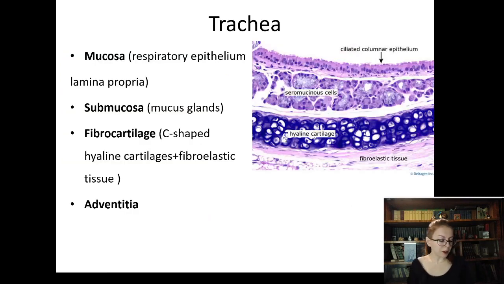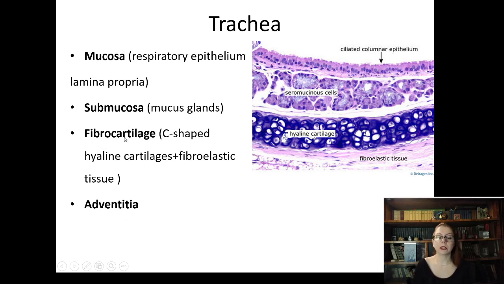So after the larynx, let's start to discuss the trachea. The trachea has four general layers, similar to the digestive system again. So there is the mucosa, submucosa, fibrocartilage layer, and adventitia.